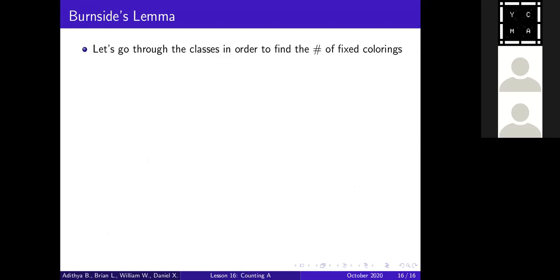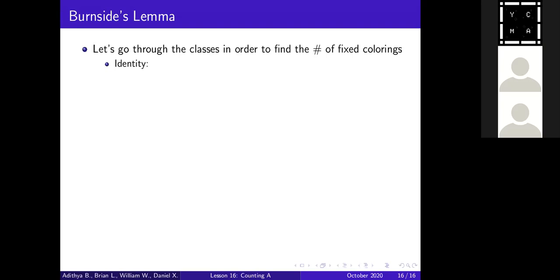So for example, our first case will be the identity. Under the identity, every coloring of the cube will be fixed. It will still be the same coloring.